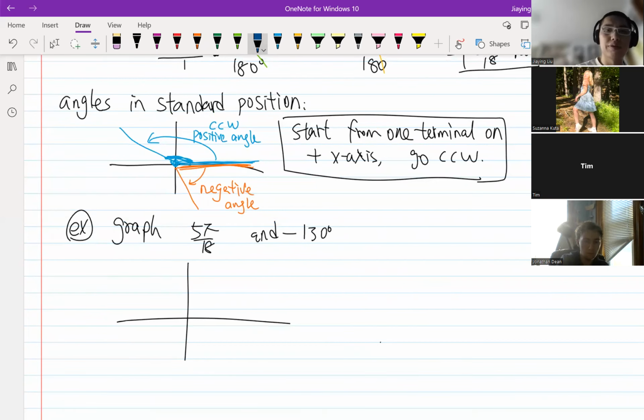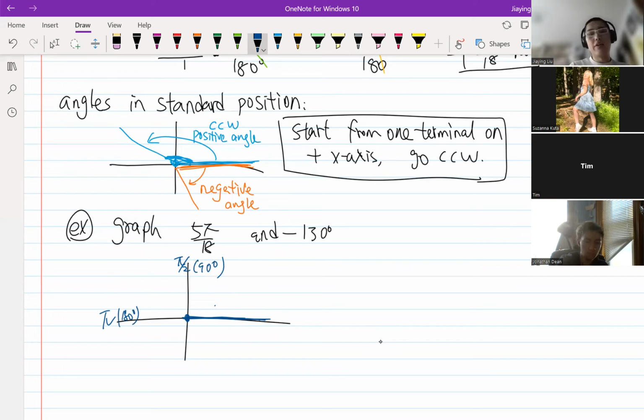The first thing I'm going to do is begin with this positive x-axis, and I'm going to go 5 pi over 18. I know that this is 180 degrees, so that's pi. And halfway between, this is pi over 2, that's about 90 degrees. Pi, we know, is 180 degrees.